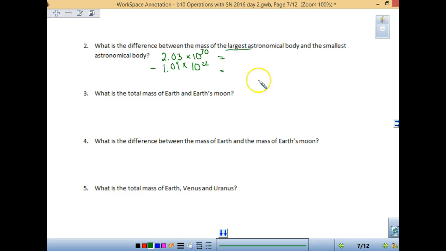So, if we are looking at this, 2.03, leave some space, times 10 to the 30th. This next one, we have to have it be 10 to the 30th power. It's 22nd. That means I'm moving it 22 places here, right? But we need it to be 30, which means I need to go, this would be 23, 24, 25, 26, 27, 28, 29, 30.